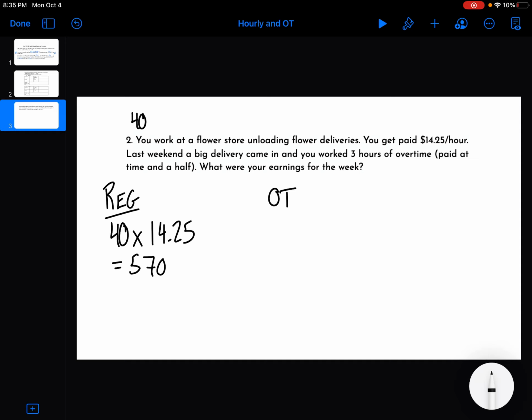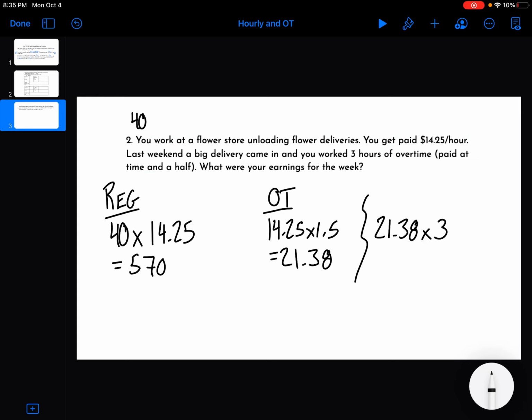And then our overtime pay is going to be $14.25 times 1.5, which is going to give us our overtime rate of $21.38. Then we're going to take that $21.38 and times it by the 3 hours of overtime we worked, and we're going to get $64.14.